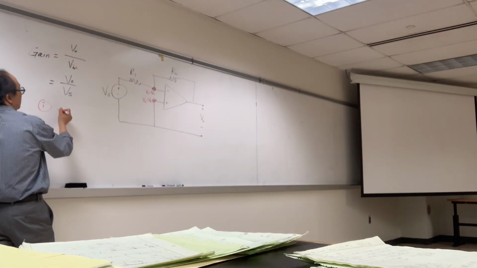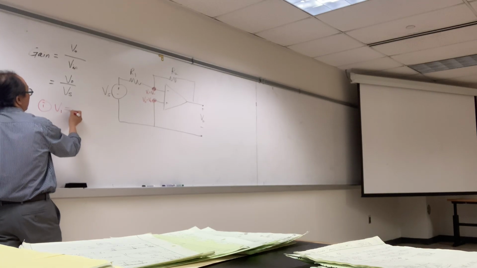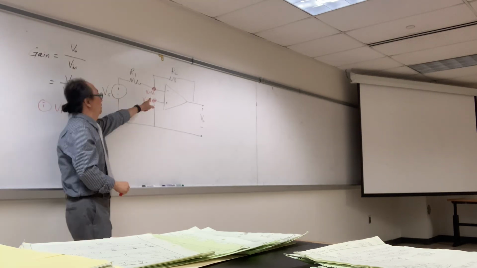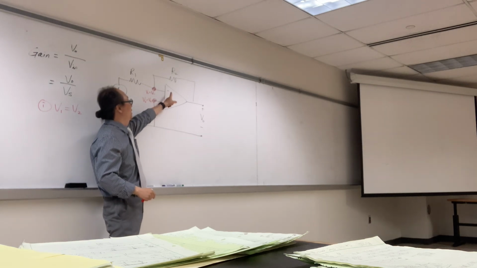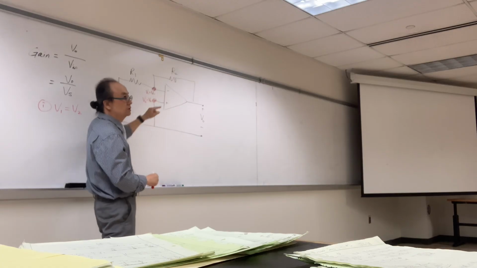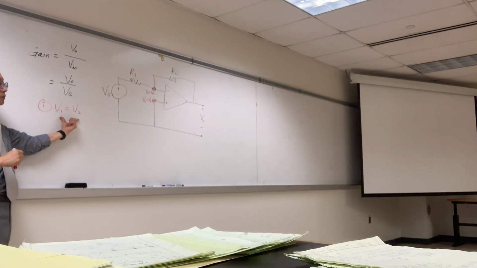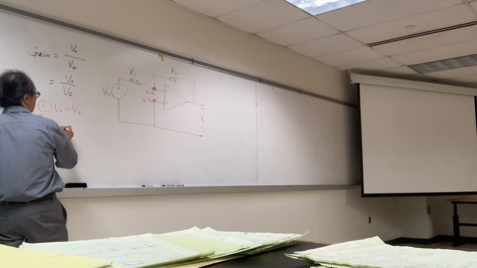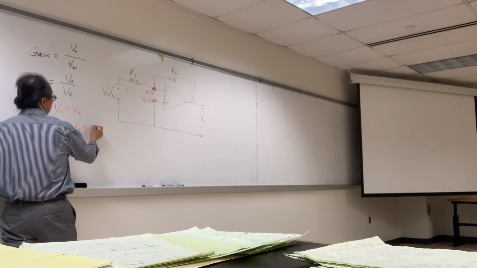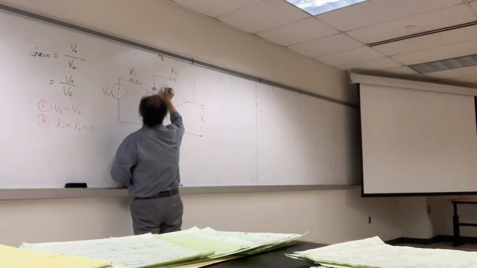So first step, we let V1 equal V2, always. You identify the node in front of the negative terminal and the node in front of the positive terminal. These are the 2 nodes, and we let them equal each other. Second, I minus equals I plus equals 0. This is I minus, this is I plus.